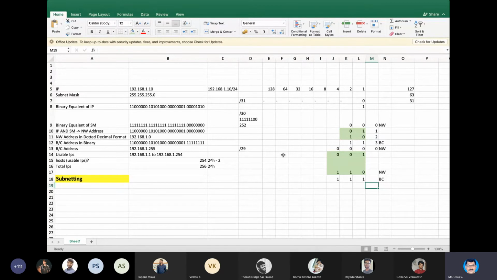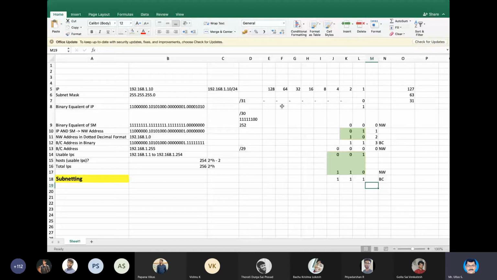So if I am using 7 bits for host address, then I'll be having up to 64 only.